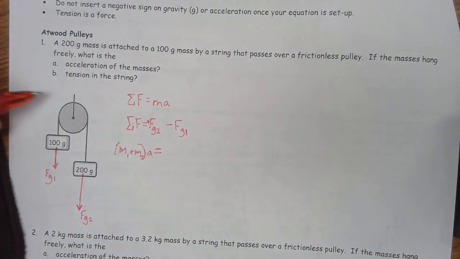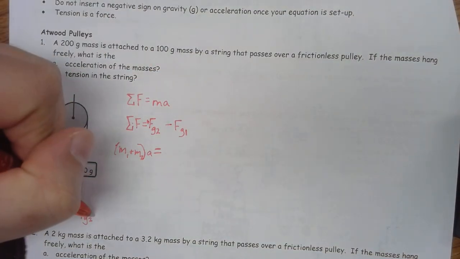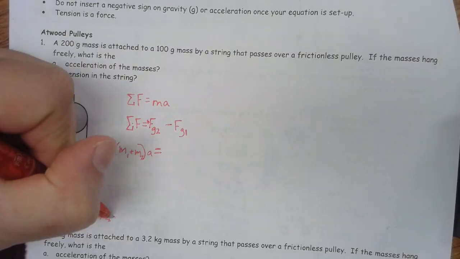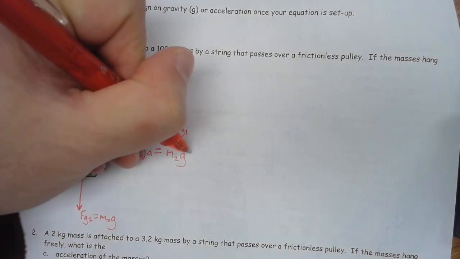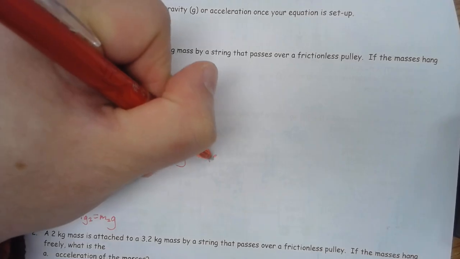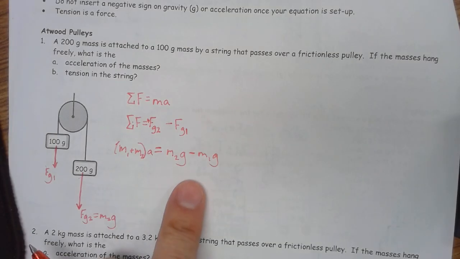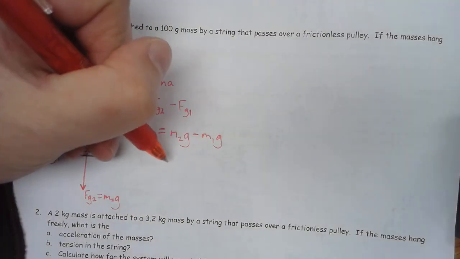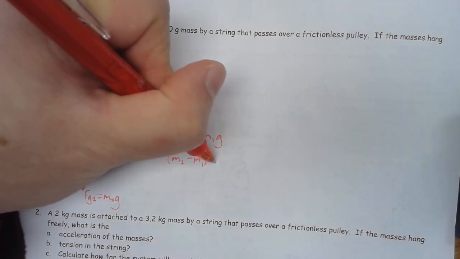Not just that, but you said FG2. What's FG2 equal to? Mass 2 times gravity, and we're going to subtract off mass 1 times gravity. Did you want to factor? I don't care. If you factor this, you would have M2 minus M1 times gravity.